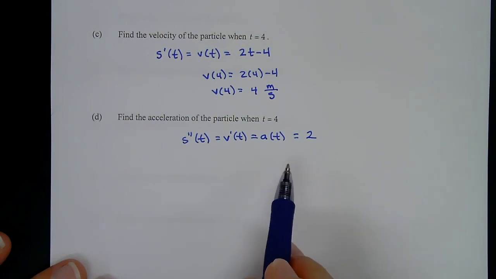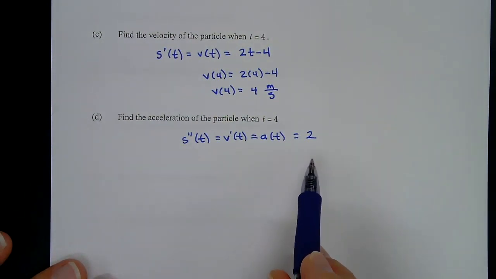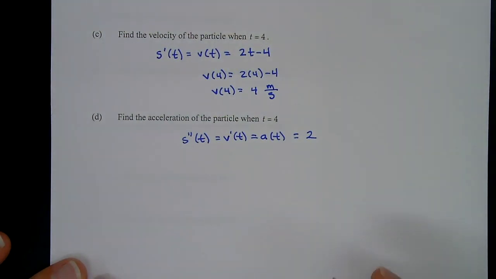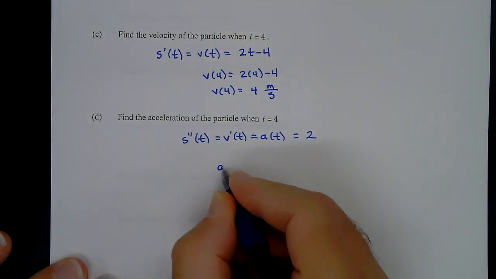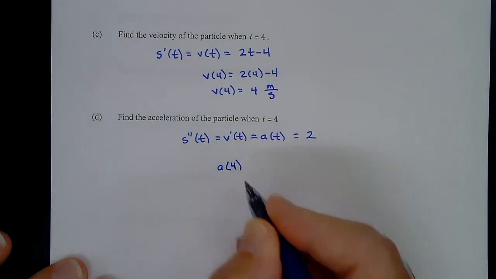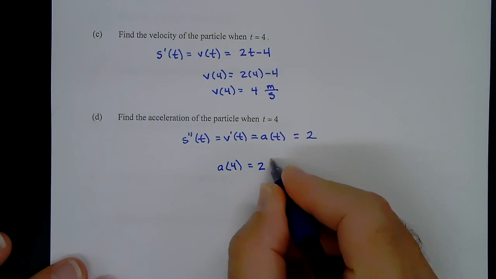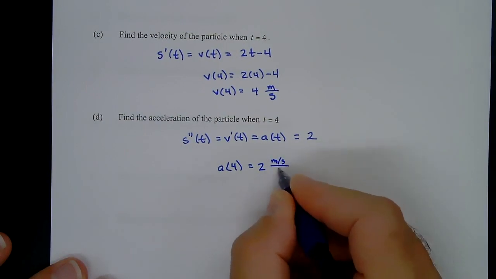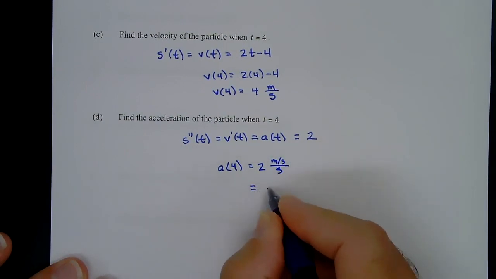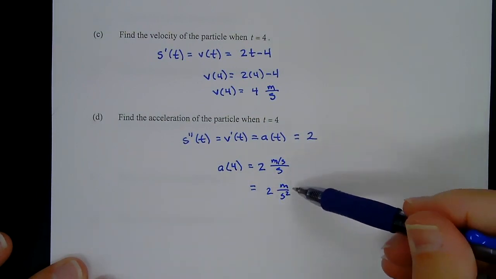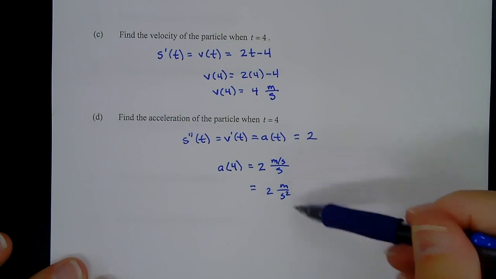That means that the acceleration is always going to be 2 meters per second. So that means a of 4, the acceleration at time 4, would be positive 2 meters per second, or 2 meters per second squared. You can use either one of these units. They're both correct units, okay?